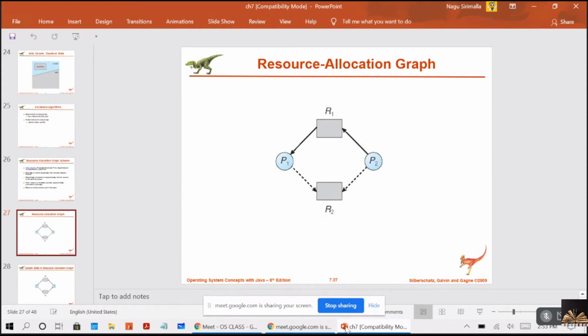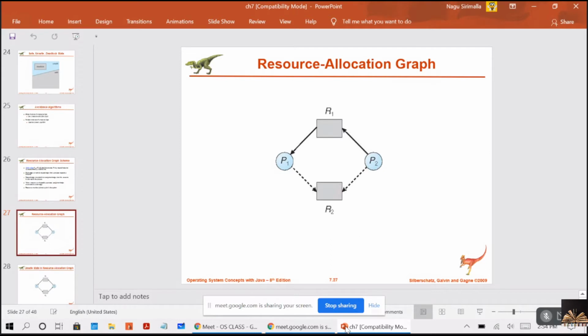Now, the request can be granted only if converting the request edge to an assignment edge does not result in the formation of a cycle in the resource allocation graph.